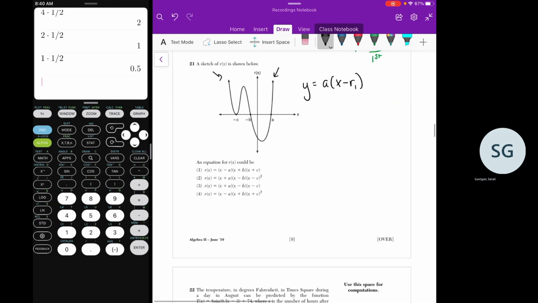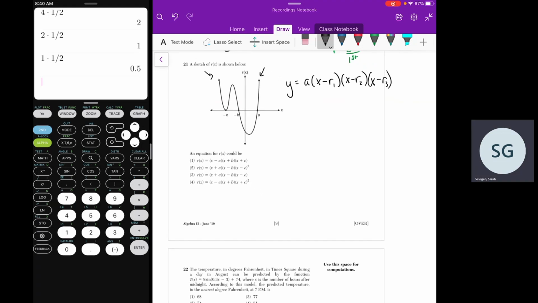The equation is going to be this, and I know it's going to have 4 roots because I have arrows in the same direction, which means it has to be an even number, and then also I see that this is a double root because it bounces off.